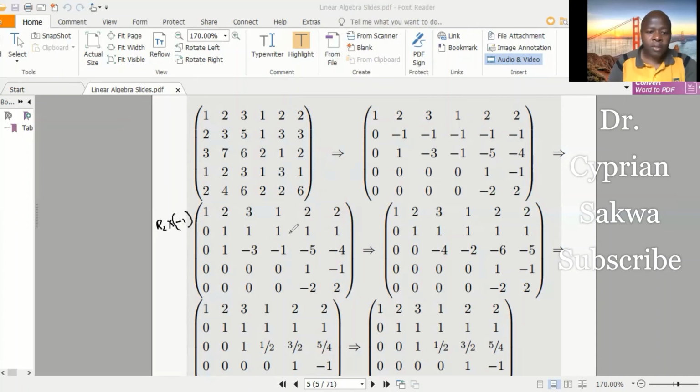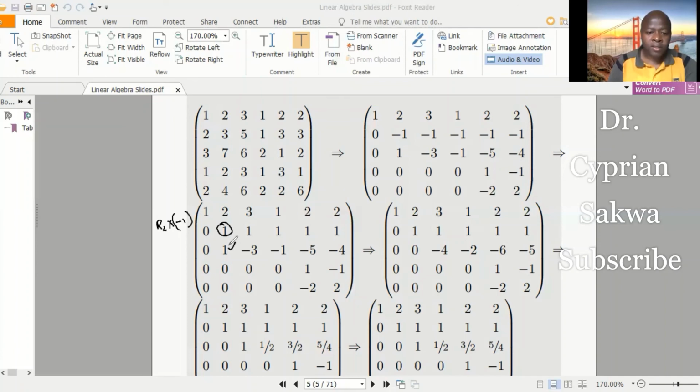That gives me positives, +1, +1, +1, +1, +1. The other rows, I leave them the way they are. Now I want to use this leading one to create a 0 in this position. The rest I already have zeros, so I have no problem with these two. I only need a 0 in this position.